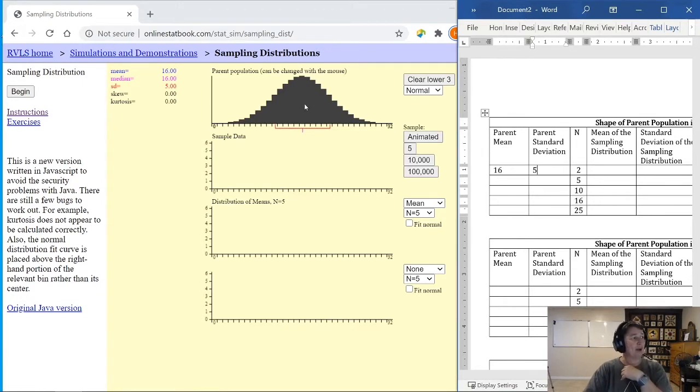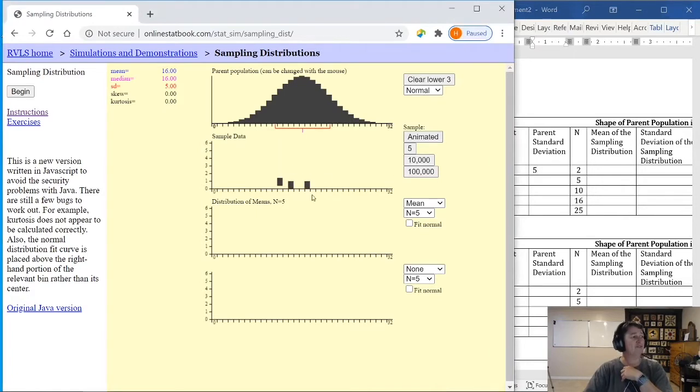So here I have my population of data. I'm going to drop down 5 women's heights. So see, these are those 5 data points, those 5 random women's heights. And then I found the mean of those 5 women's heights. And that mean I plopped down here. I'm going to do that same thing again.